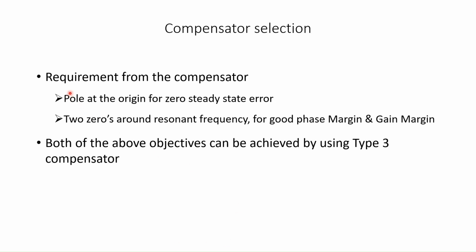The compensator selection. The requirements from the compensator are a pole at the origin for 0 steady state error, and two zeros around the resonant frequency for good phase margin and gain margin, which we just saw. Both of the above objectives can be achieved by using a type 3 compensator.